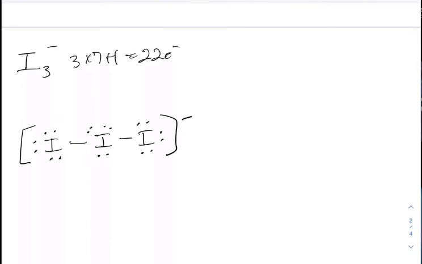Our 2 outer iodines each have 3 lone pairs and a bond. And so that would be 7 minus 6 minus 1, or 0 for the formal charge in the outer iodines. But the central one, we'd have 2 electrons from this bond, 2 more from here, and then for formal charge, 7 valence electrons minus 2 bonds minus 6 electrons in lone pairs is the negative 1.